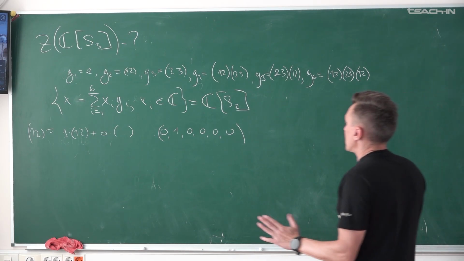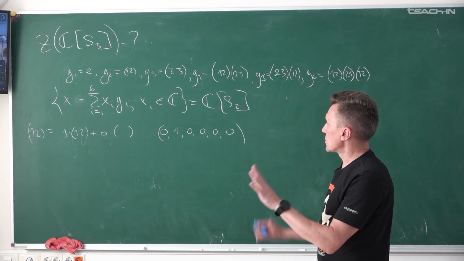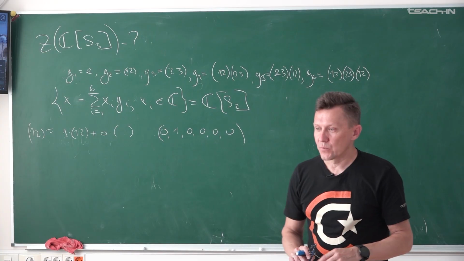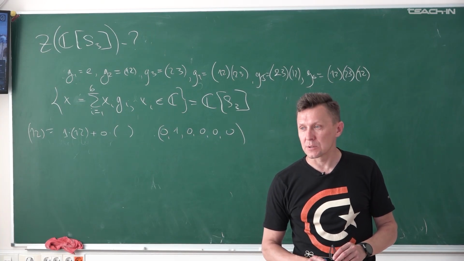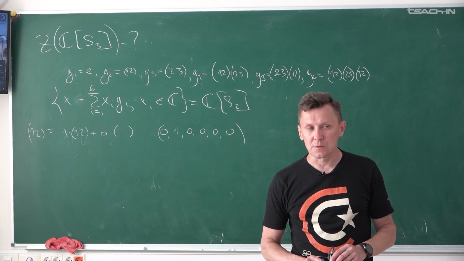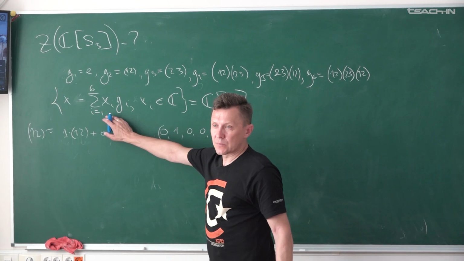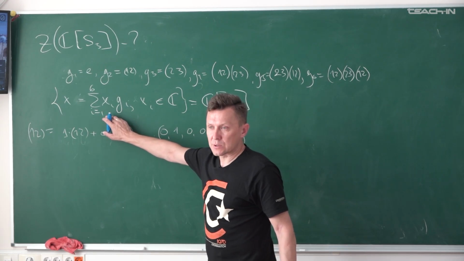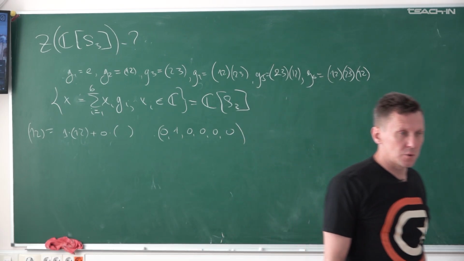If you don't have ideas, the best way is to write down the generic element with indeterminate coefficients, and to commute it with all generators.